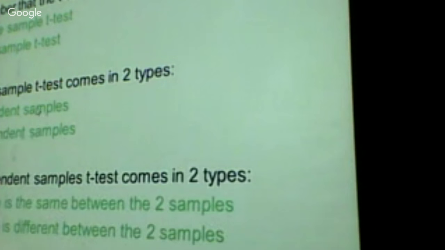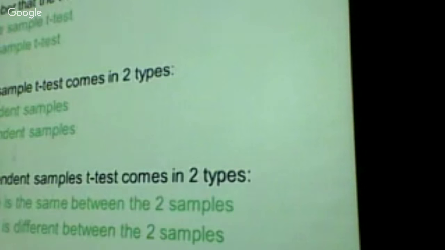And when we do independent samples, there are also different types. Ones in which the variances of the two groups are the same, or ones in which they're different. So that gives 1, 2, 3, 4, 5 different types of tests we can actually apply. Even though it looks like there's 2, there are 5 different formulas we can apply.